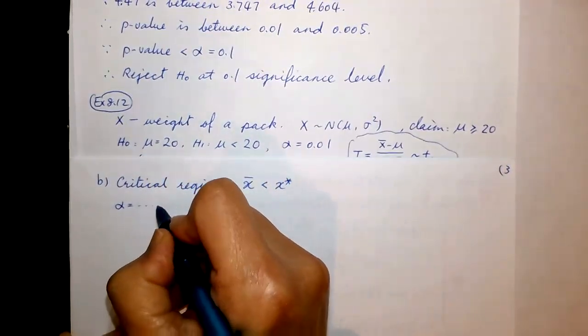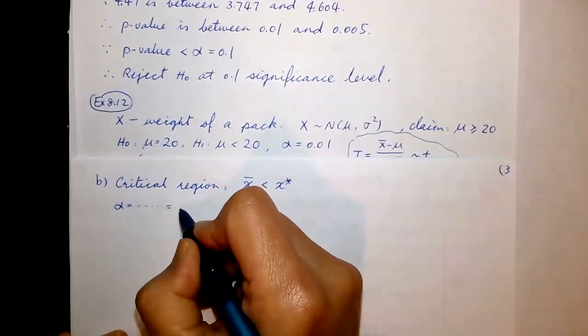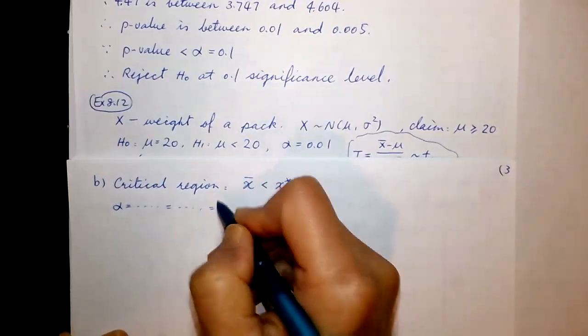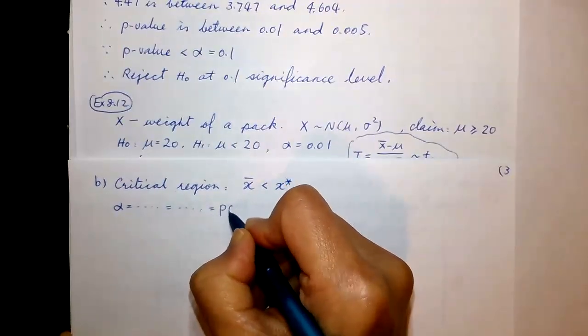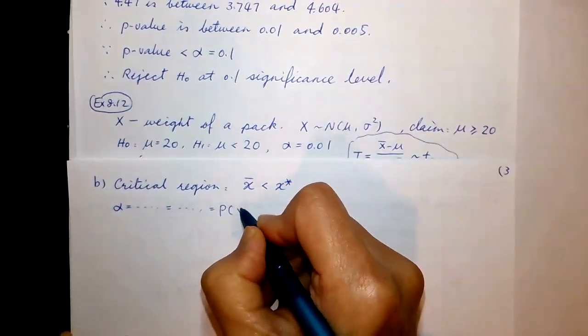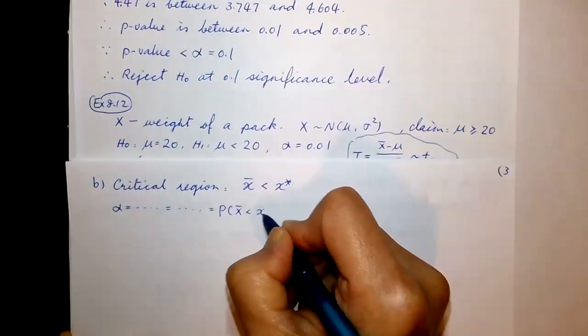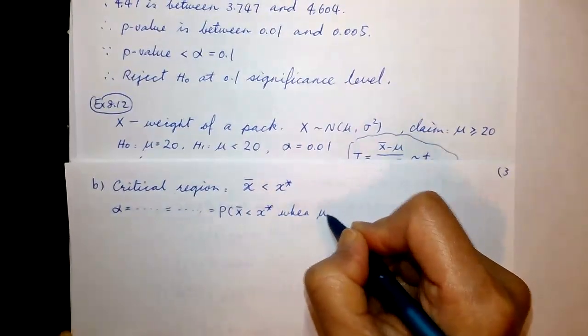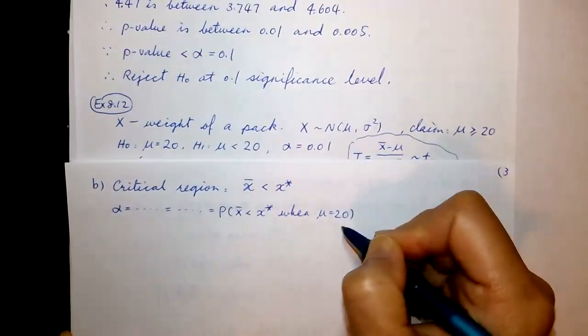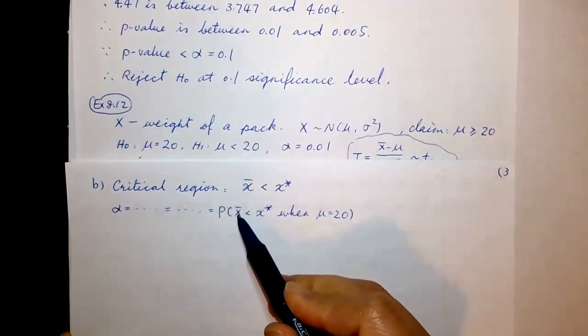To find this X star, use the alpha definition for type 1 error. Then you write the probability of this. You copy your critical region when H naught is true, or when mu is 20.